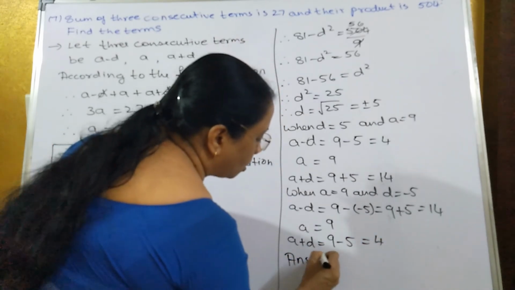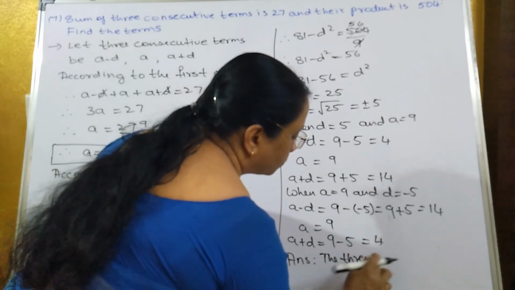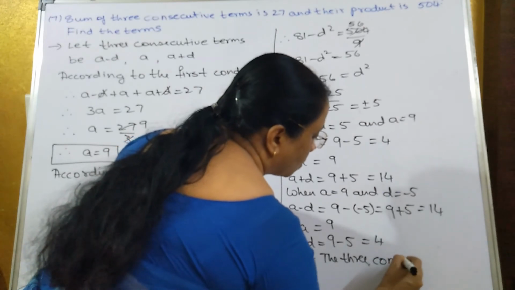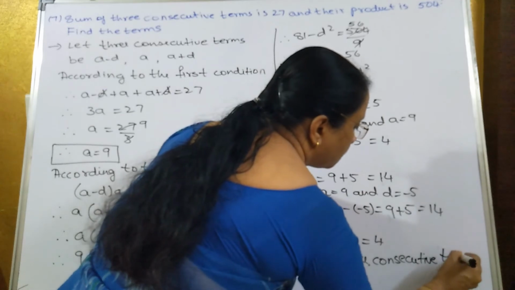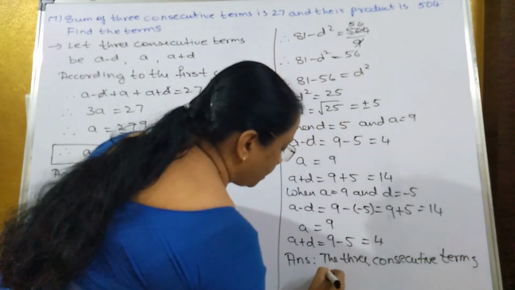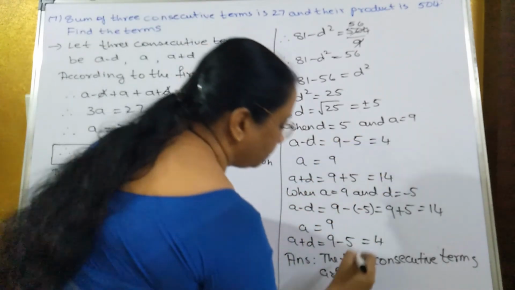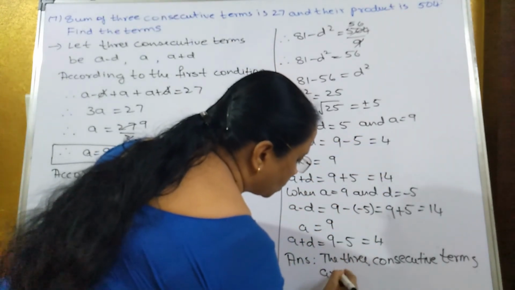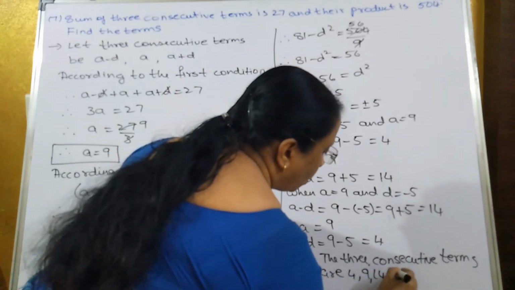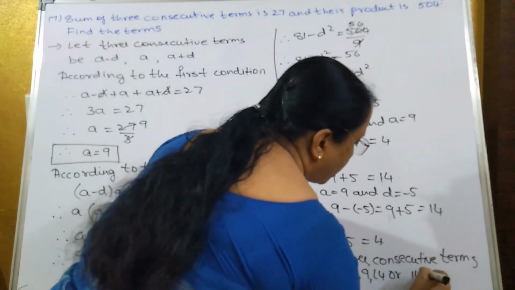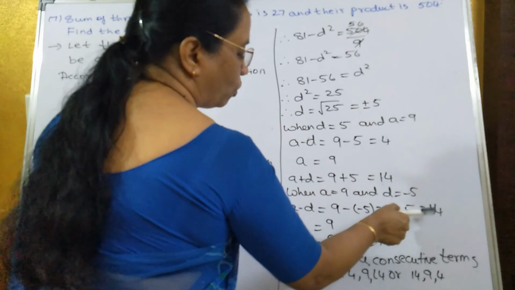The three consecutive terms are either it will be 4, 9, 14, or 14, 9, 4. Over here, when D is equal to minus 5, we have got 14, 9, 4.